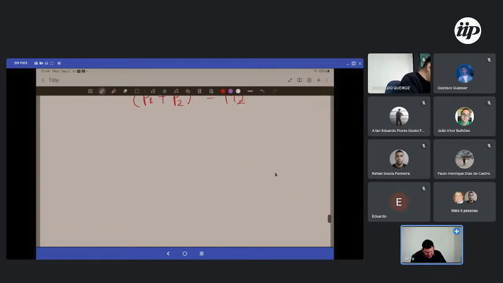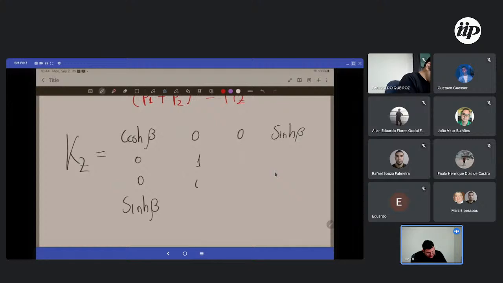There exists cosh beta for the z component. That matrix we study in special relativity. My work is not to demonstrate that, only to show the result. Sinh beta, and 0, 0, sinh beta, 1, 0, 0, 0, 0.